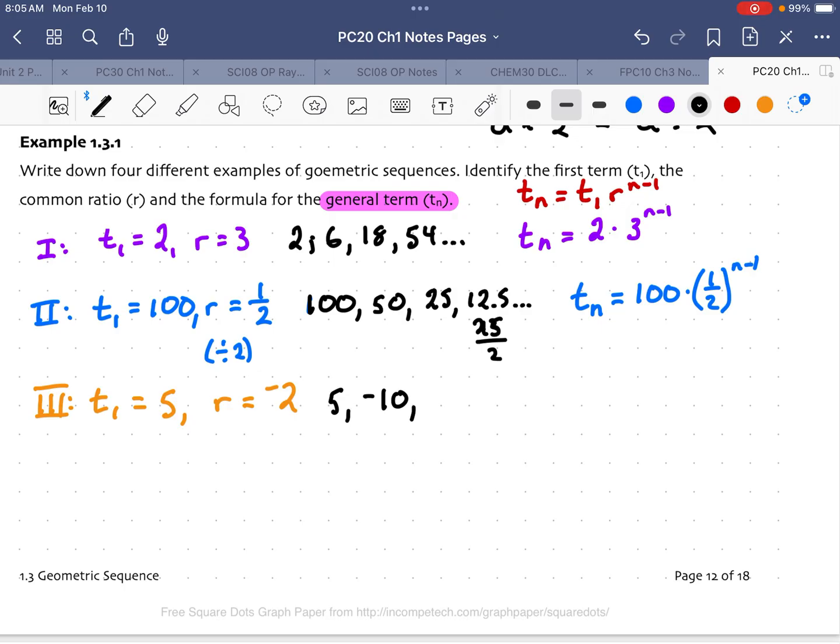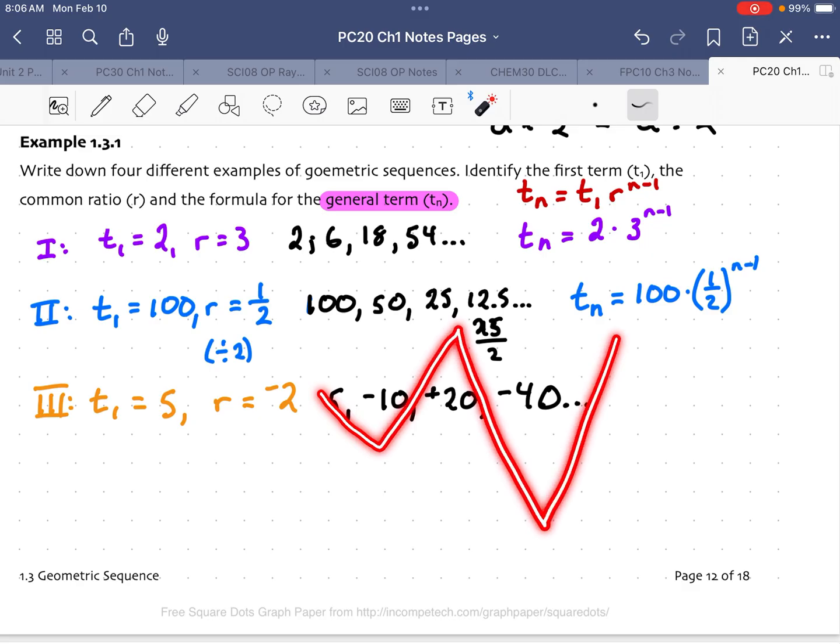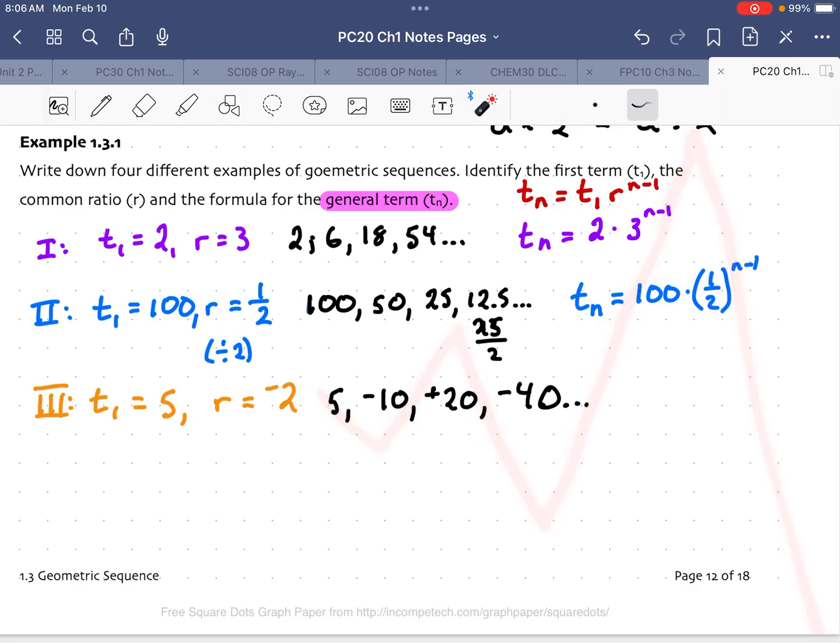Then -10 times -2 is plus 20. Then -40. Notice how this one bounces around. We start at 5, then we go down, then we go way up, then we go way down, then we would go way up, then we go way farther down. It bounces around back and forth.